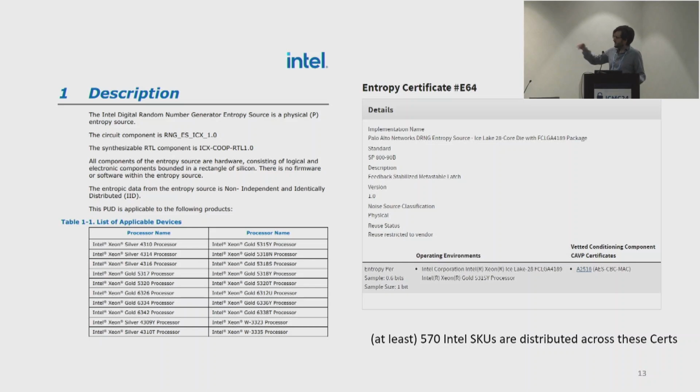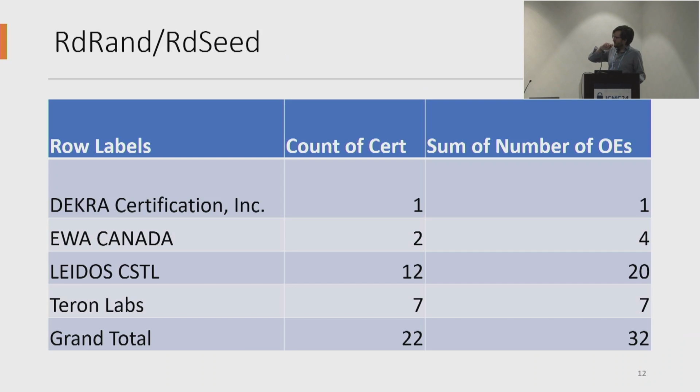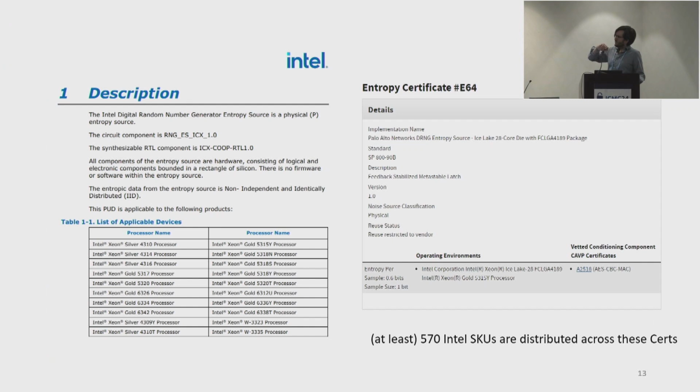But something else to note here is that of those, the one by Decra and one of the ones we've done are not restricted to a vendor; they actually belong to Intel's. Notice the vendor here is Palo Alto Networks, so this was probably done for their module submission.